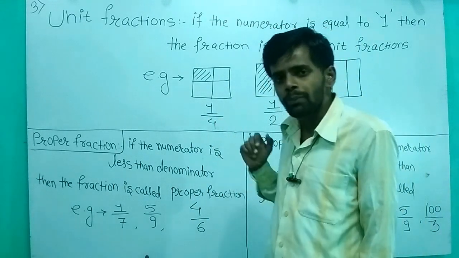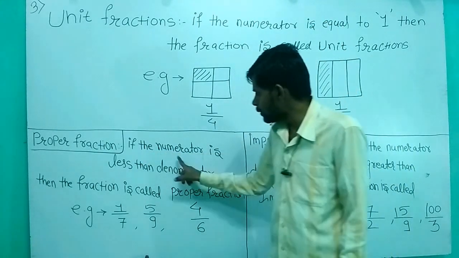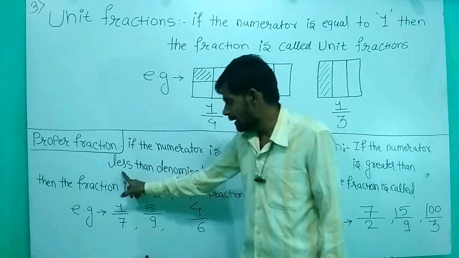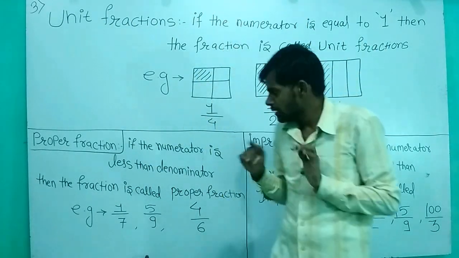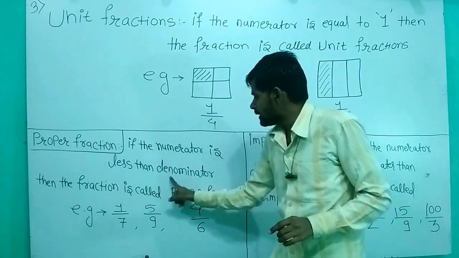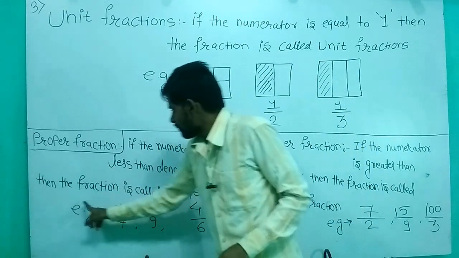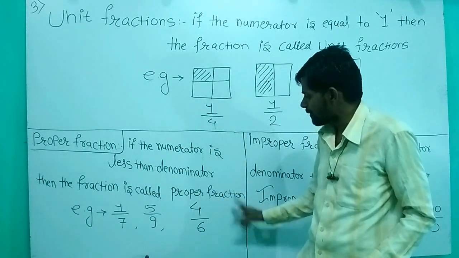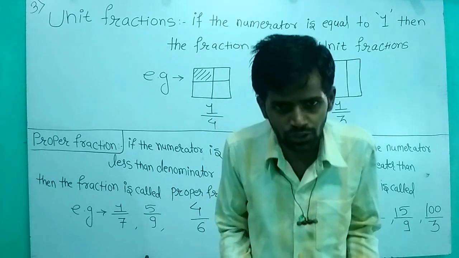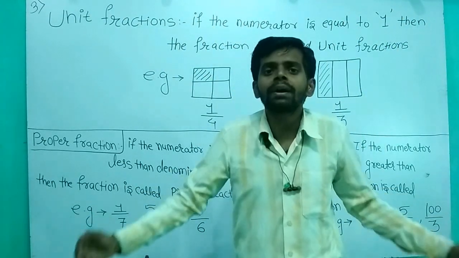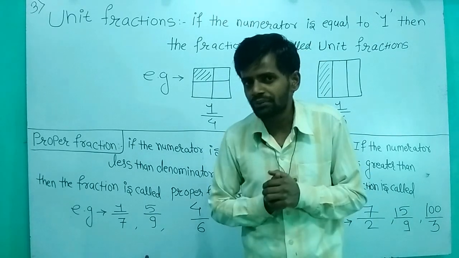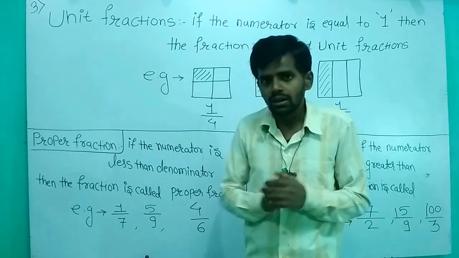If the numerator is less than the denominator, then the fraction is called a proper fraction. एक ऐसा फ्रैक्शन जिसका न्यूमरेटर छोटा, डिनोमिनेटर बड़ा, is called a proper fraction. The example is a pyramid.